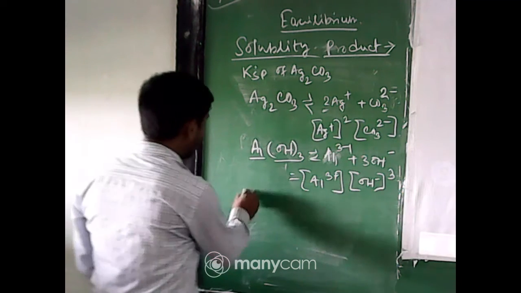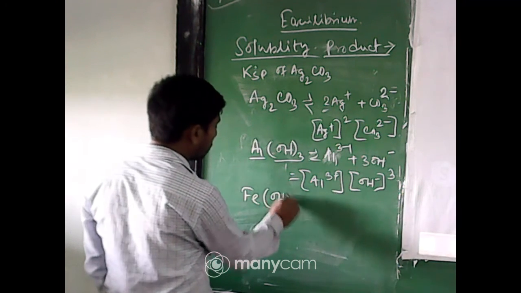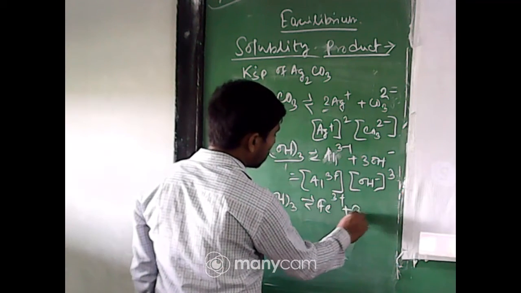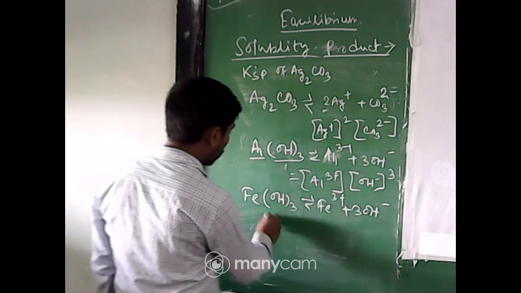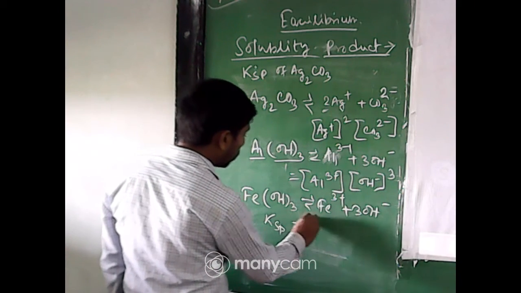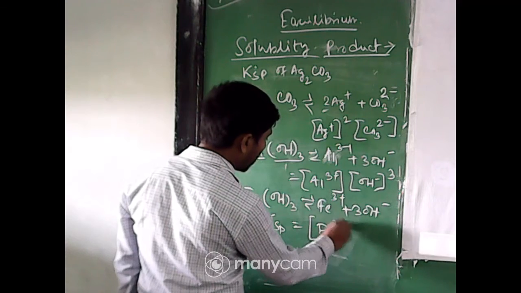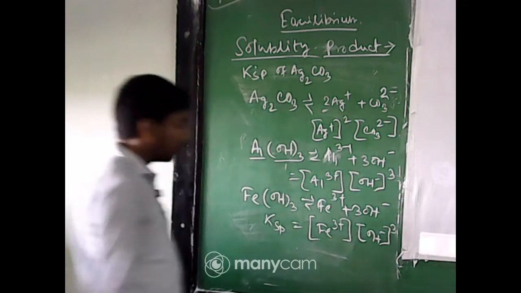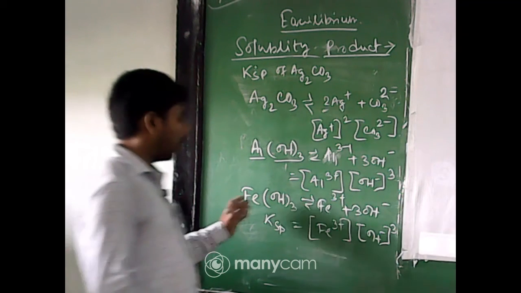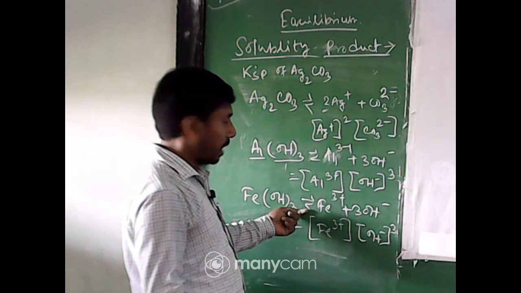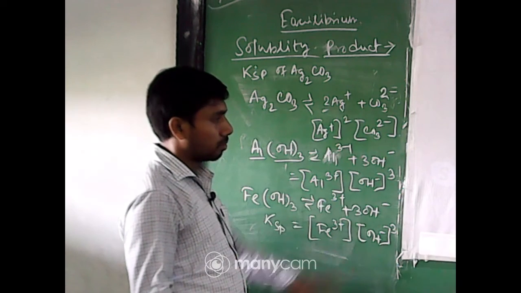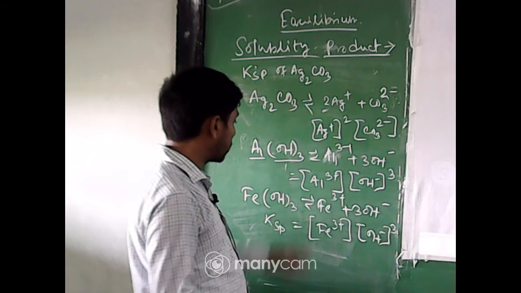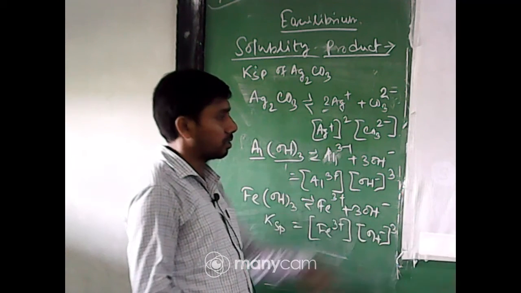Ferric hydroxide: Fe3 plus and 3 OH minus. So, Ksp equals the concentration of Fe3 plus times the concentration of OH minus cubed. Very simple: first write down the equation and then give the power as the number of the cations and anions. Here 1, here 1, here 3, here 3.